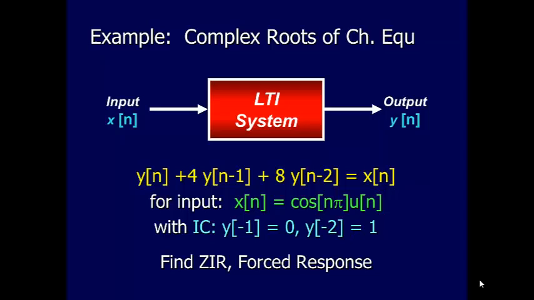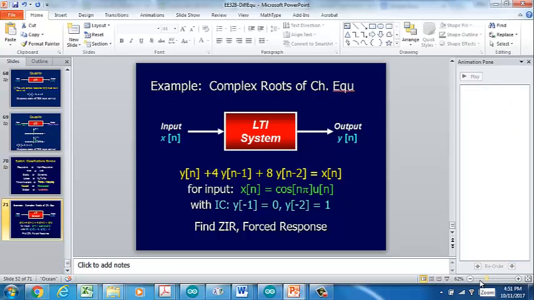Uh-oh, it's going to have some j's. Square root of 16, that's 4. I'm thinking we got minus 2 plus or minus j2 for the roots of the characteristic equation. Complex roots. Does that scare me? Nah. Complex roots, we got that handled.